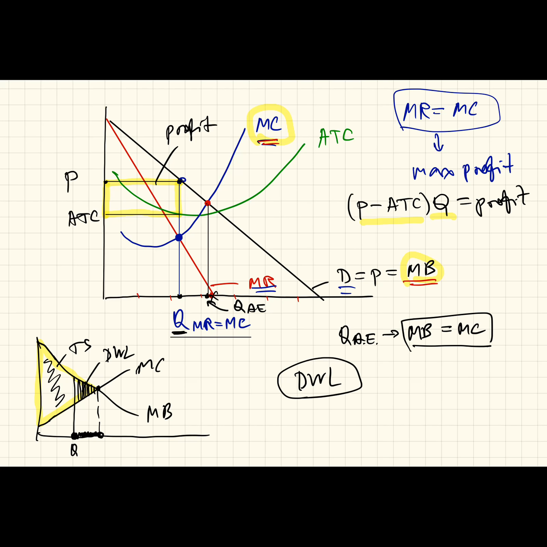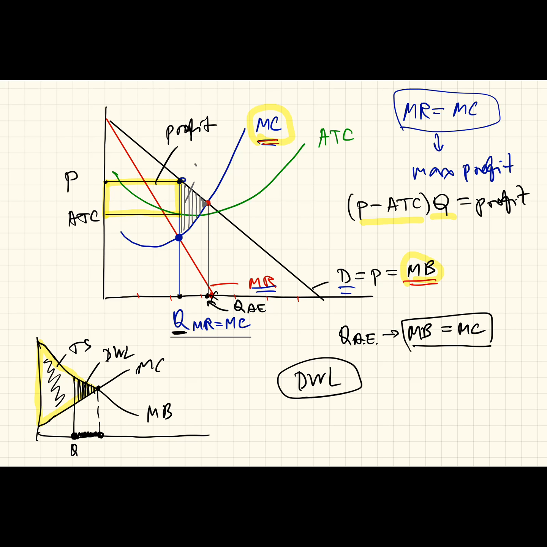So if we apply the same logic here, we just need to see where MC is, MB is, right? And then carefully go between these two curves from the point of allocative efficiency to the left until we hit the level of output where the monopoly is going to be, because it wants to maximize its profit, not overall total surplus.